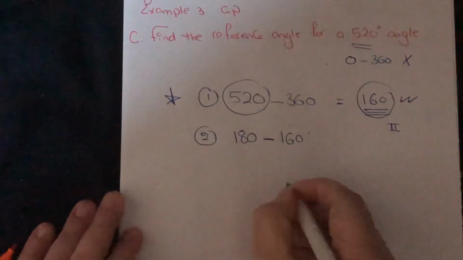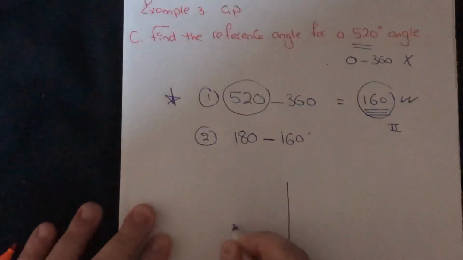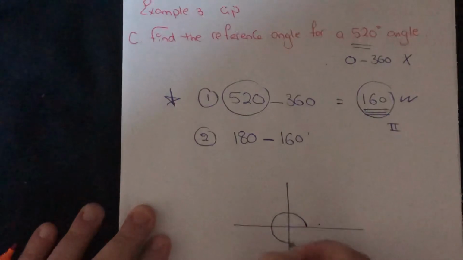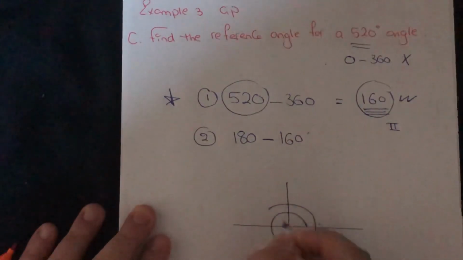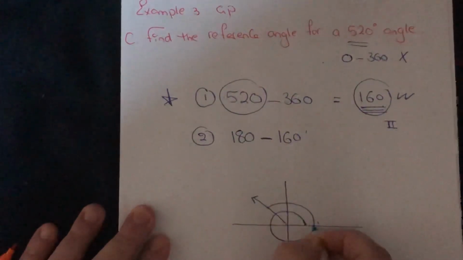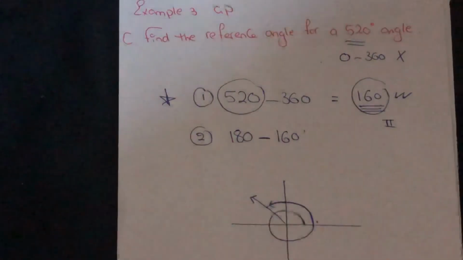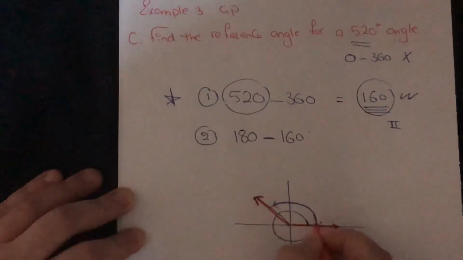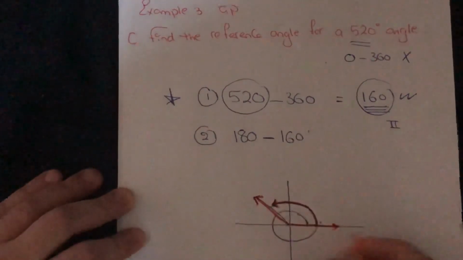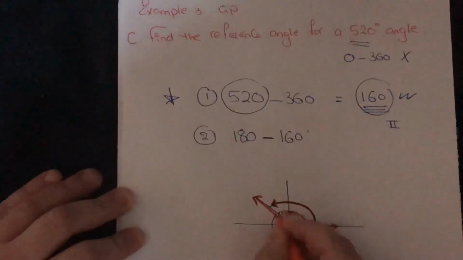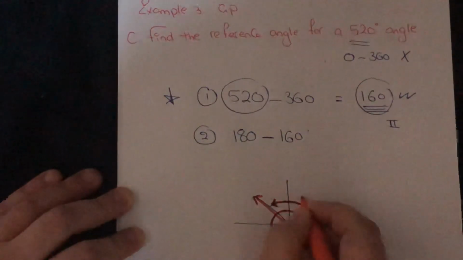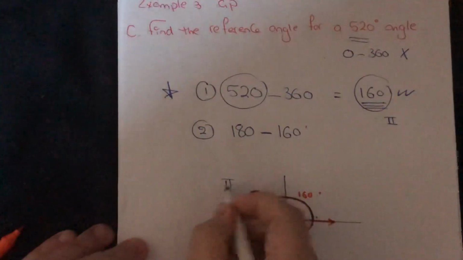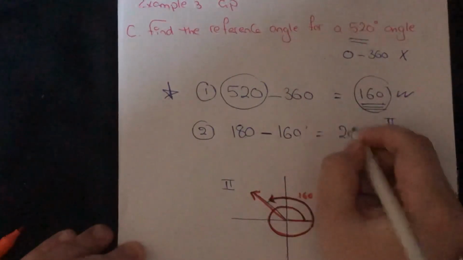They both lie in the same place because they are called coterminal angles. 520 is just 360 and then 160, and 160 is just this piece. So they have the same initial side and the same terminal side, so I can treat them exactly the same way. The 360 is one whole round plus the 160. They are in the same place in quadrant 2, and the reference angle is 20 degrees.